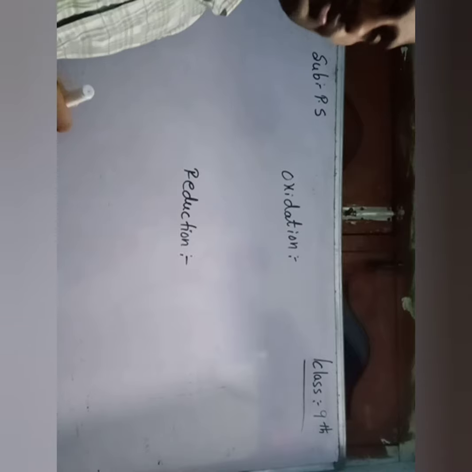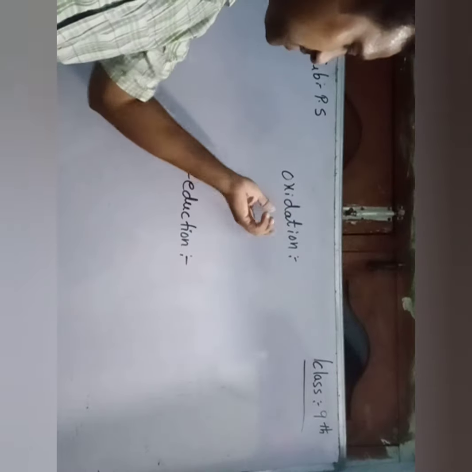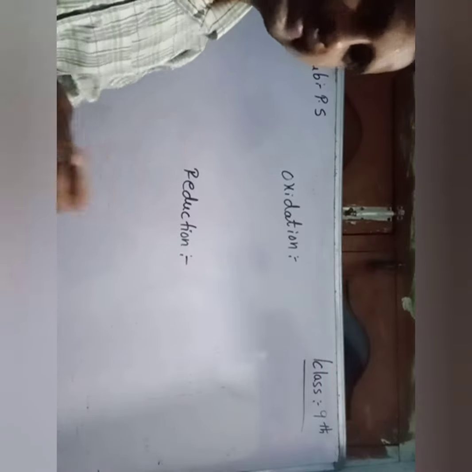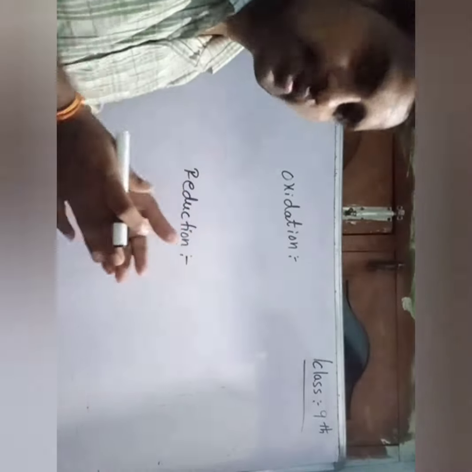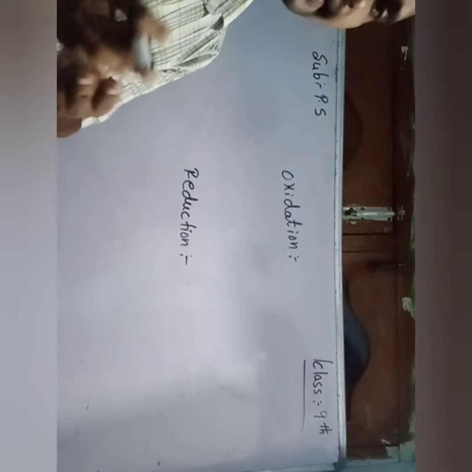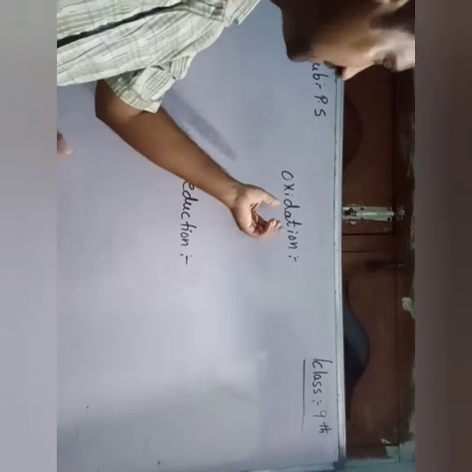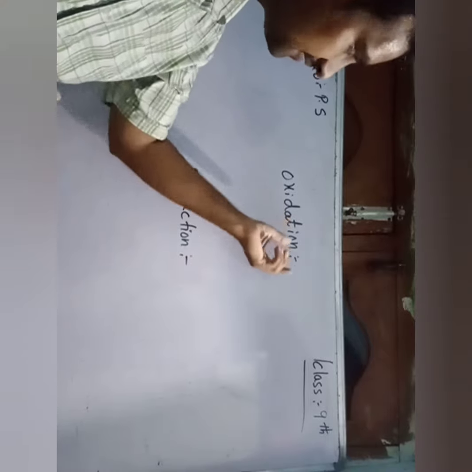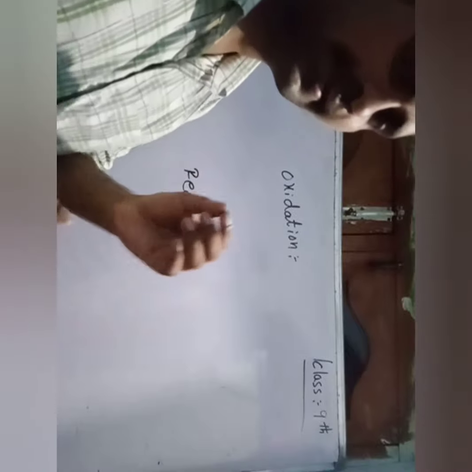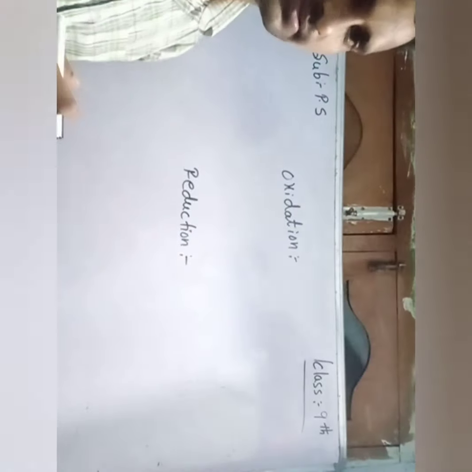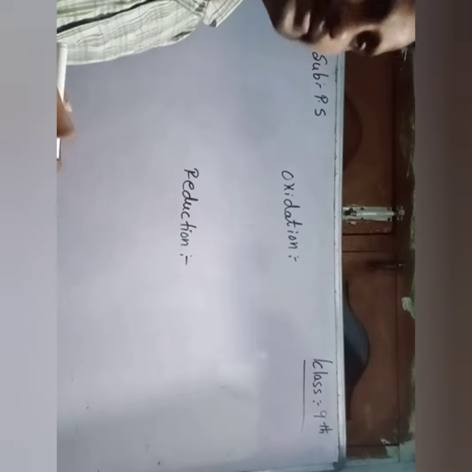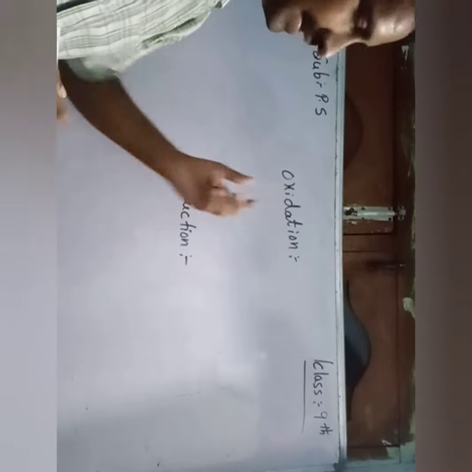Okay, students, now we discuss oxidation and reduction. What is oxidation? Oxidation means the addition of oxygen atoms or removal of hydrogen atoms. Reduction is quite the opposite of oxidation.